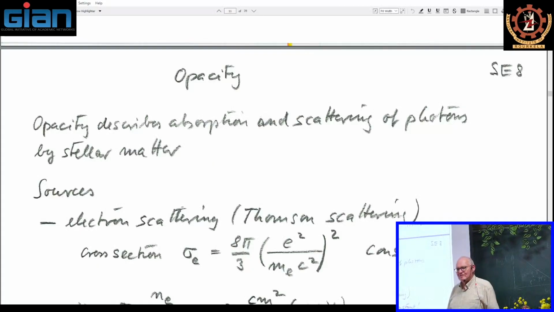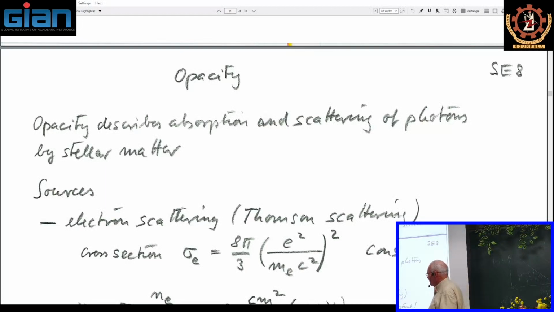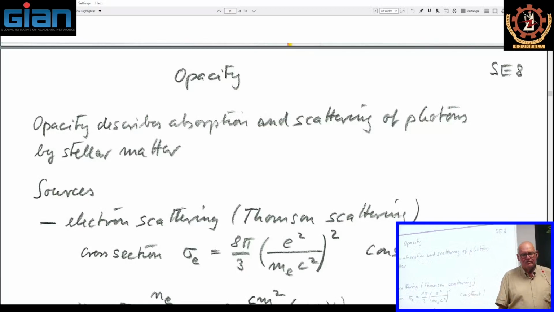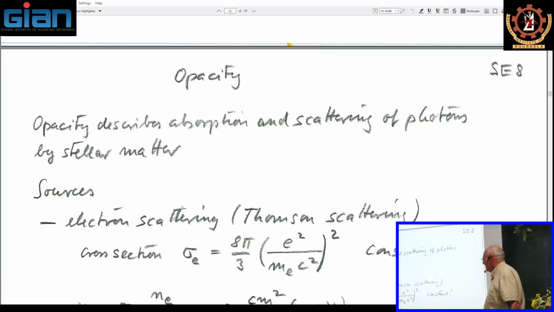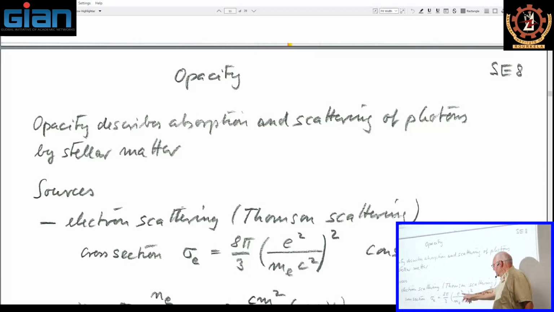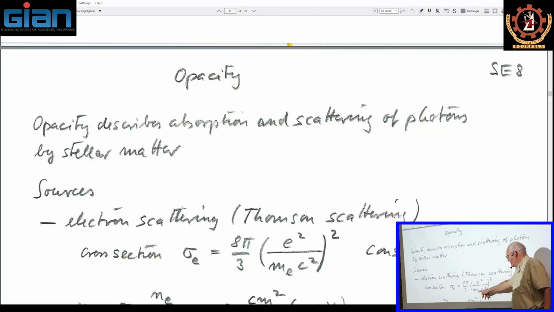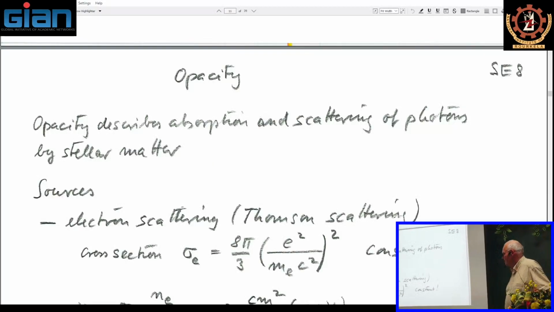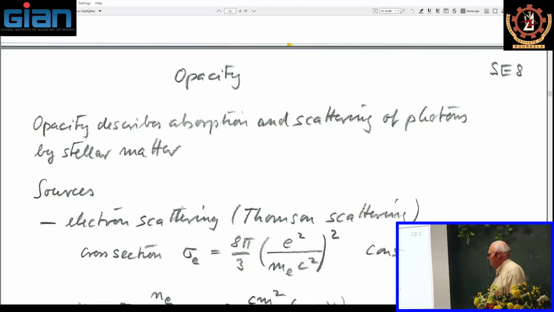It has a constant cross section. It does not depend on density and temperature. It's simply constant, and it's given by elementary constants. So it depends on the elementary charge, on the mass of the electron, and on the speed of light. These are the only dependencies. So it's a constant given only by fundamental constants.